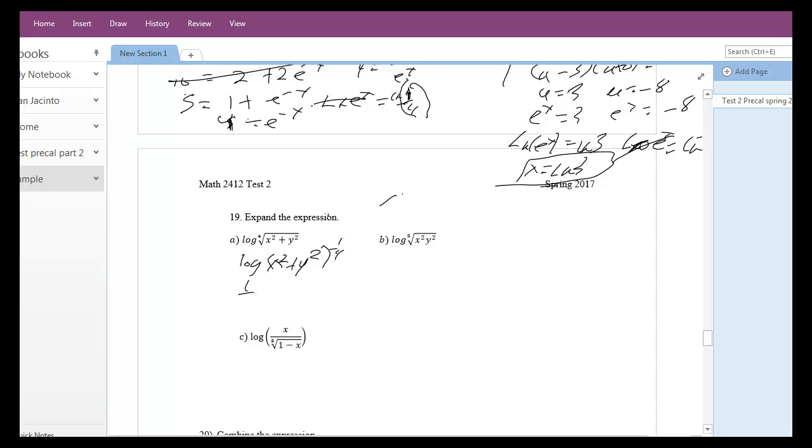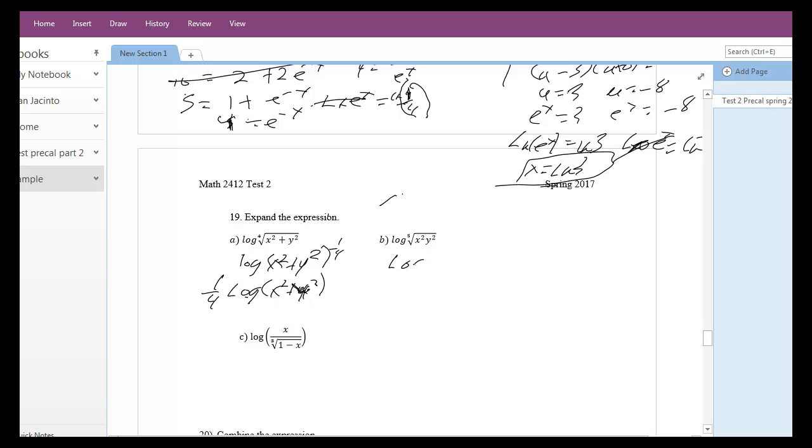I know that 1/4 has got to go in front. And that's all I can do. It doesn't say when you add logs you multiply them. It doesn't say the log of addition is split it up. No, it says when you have 2 logs you add them together, then you multiply them.